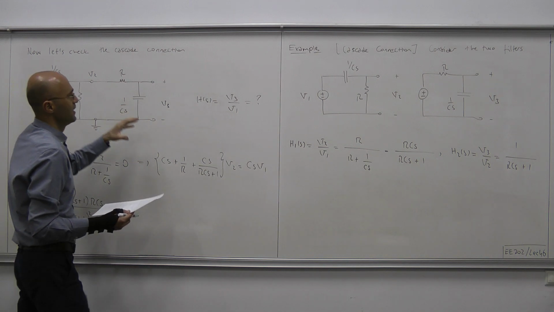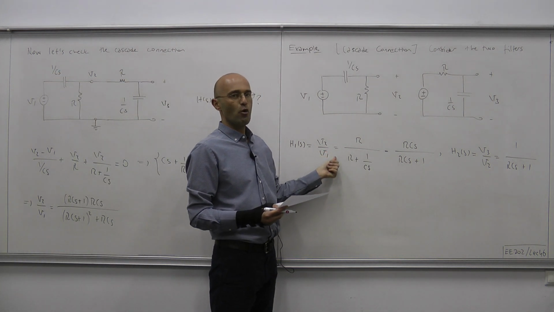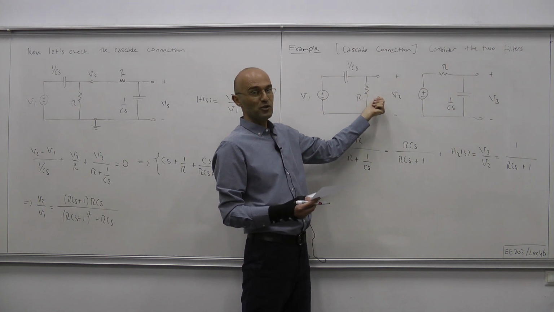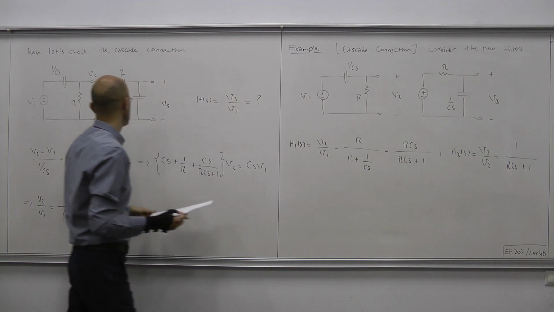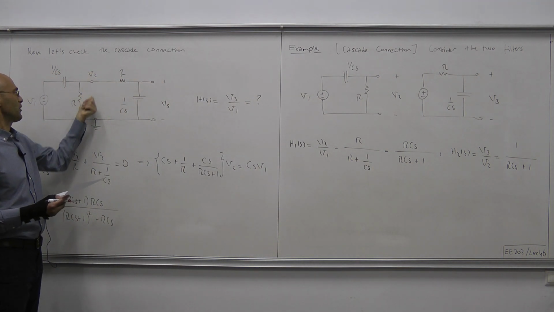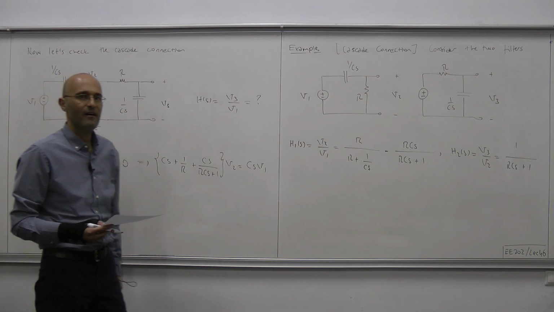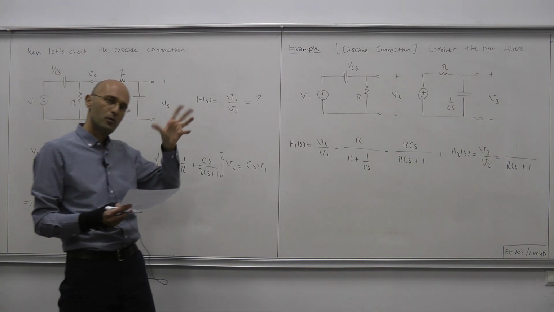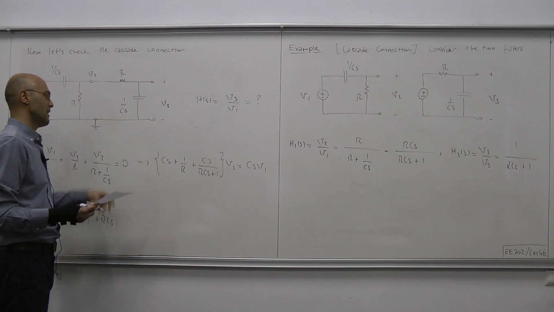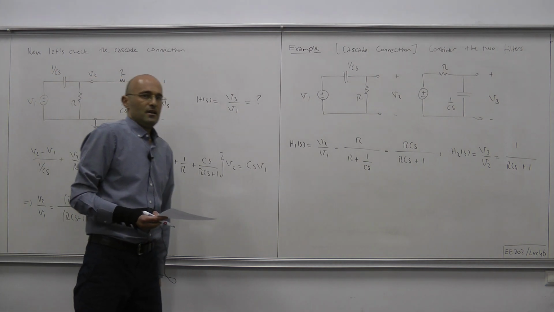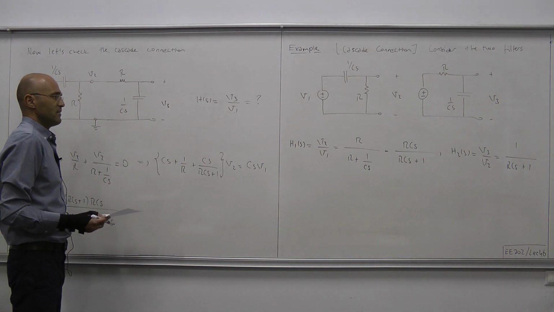And the reason is, when this ratio is computed, it's computed for the circuit where this port is open circuited, okay? Whereas in the cascade connection, it's not open circuited, but it's connected to this R over CS combination, okay? Therefore, we're talking about two different circuits, and because the circuits are different, clearly the ratios cannot be expected to be the same.